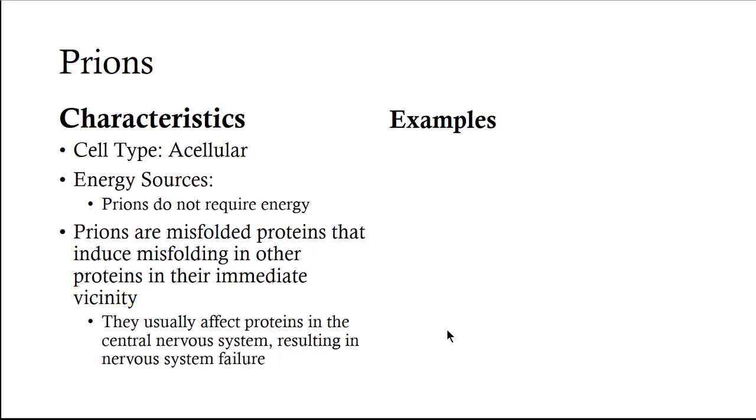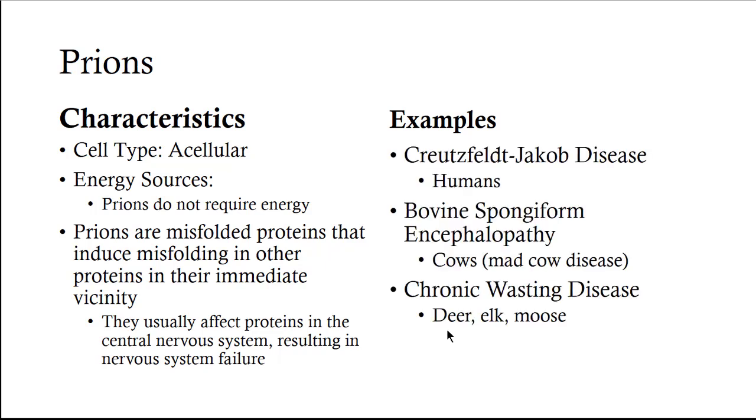And then, like a domino effect, they'll cause misfolding in other proteins. So what you end up with is the introduction of proteins that cause a cascading effect on other proteins around them. I know that's not going to be sufficient to fully understand that, but the idea here is that they're an acellular type of microorganism, infectious, and they are essentially proteins that cause abnormalities in the body by causing other proteins to misfold.